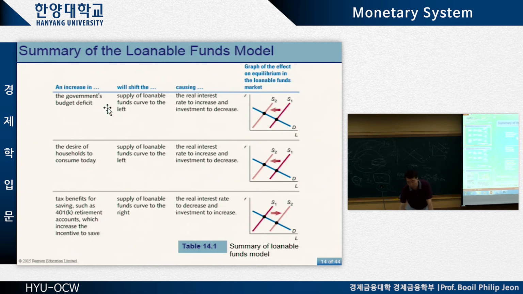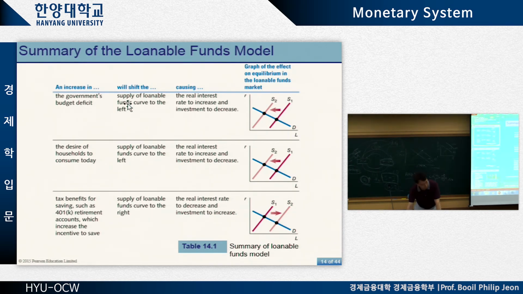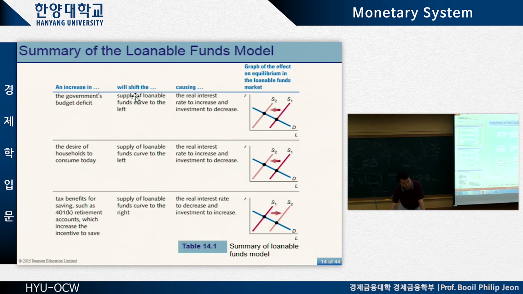So if the government spends more than the amount of money they collect in taxes, then they'll have to borrow money by issuing bonds. Then the supply of loanable funds will decrease in the financial market. As a result, the interest rate will go up, and so on. Right? Desire of households to consume today.